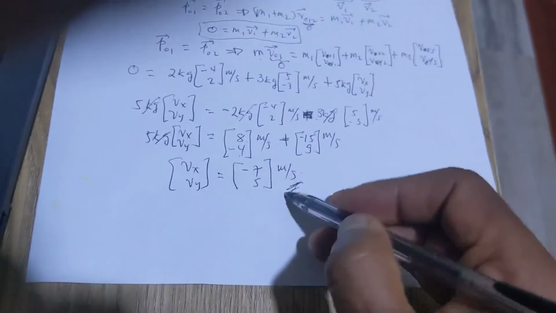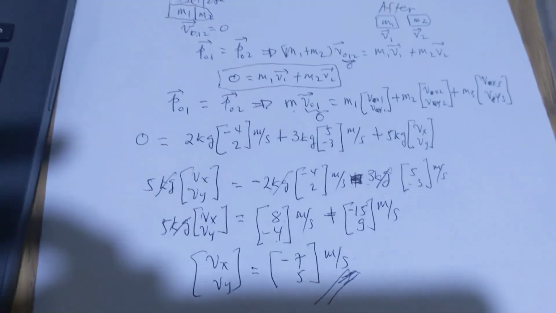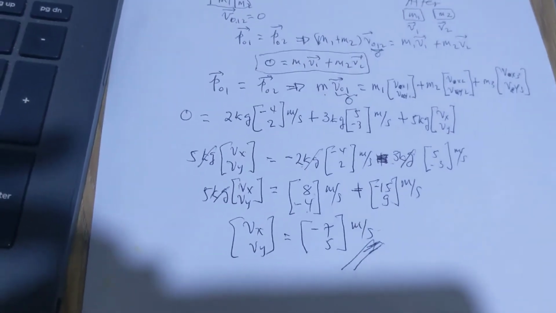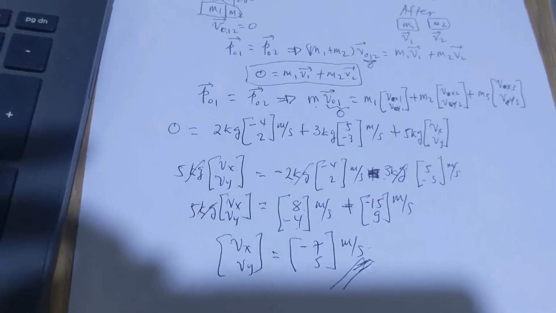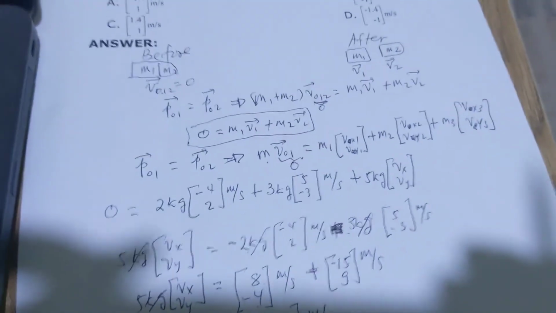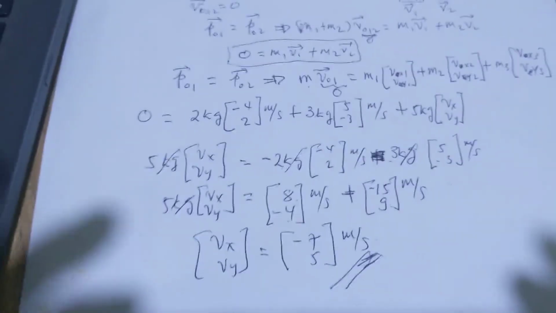So this is the answer here. This is the whole thing about momentum of a variable mass system.